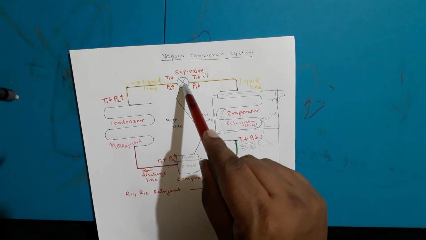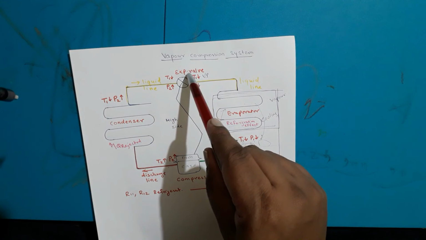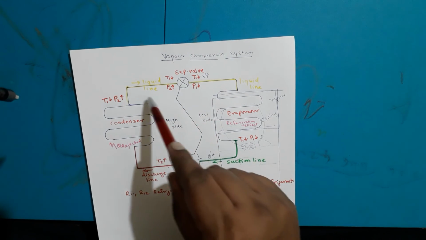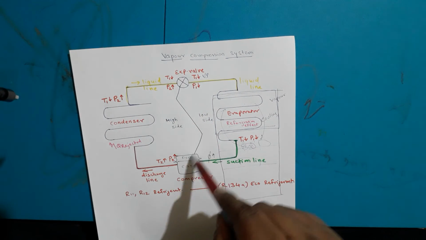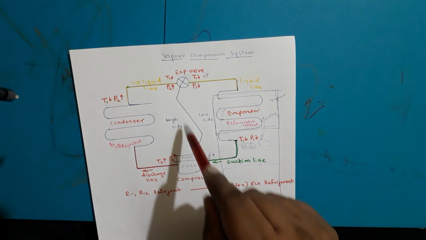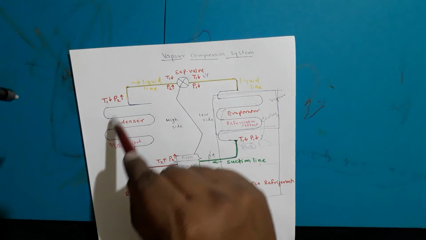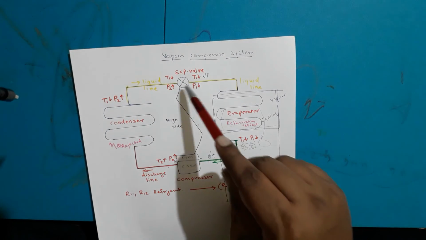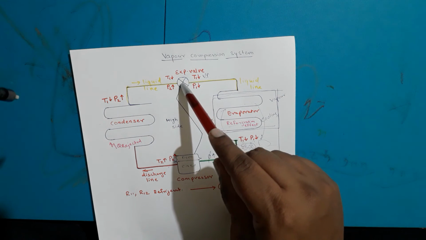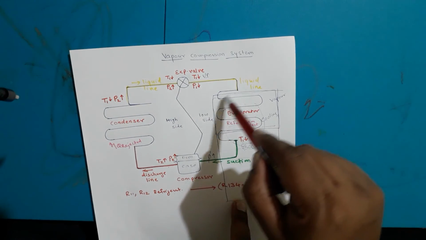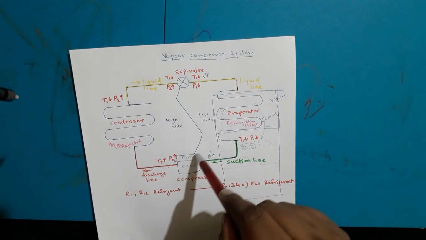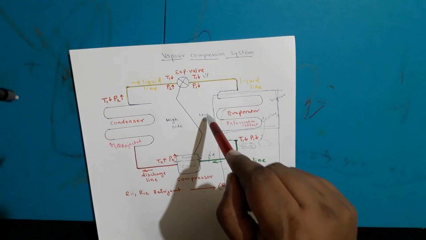Now you can see that half of the expansion valve, the full condenser, and half of your compressor come under the high side area, meaning the high pressure side, whereas the other half of the expansion valve, the full evaporator and half of the compressor come under the low side area or low pressure area.